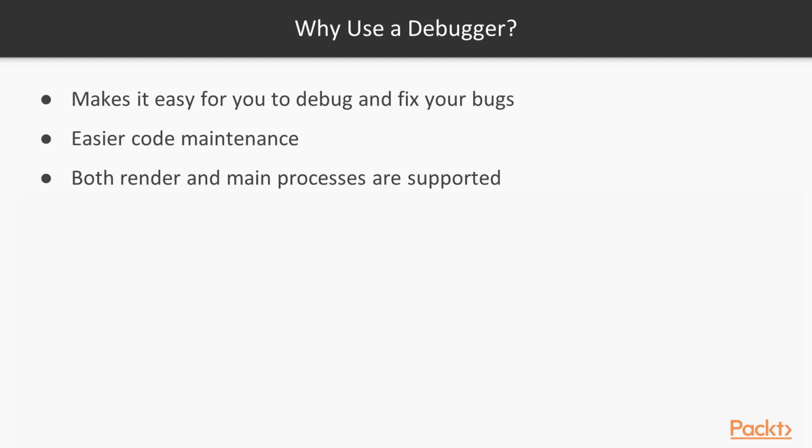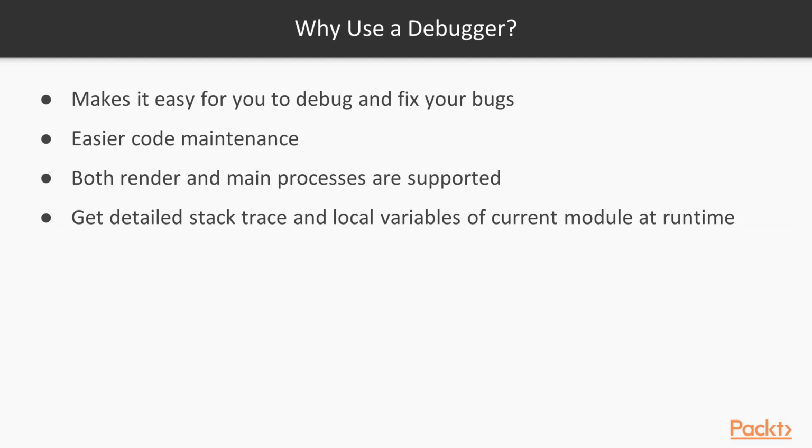Both renderer and main processes are supported through Visual Studio Code with a specific configuration script we'll look at in a second, so it allows you to run the main process alongside the renderer process simultaneously without issues. You can also get a detailed stack trace and local variables of the current module at runtime, which is really helpful. You can check the actual values inside variables, whether an object is defined, or any issue inside of it, and so on.